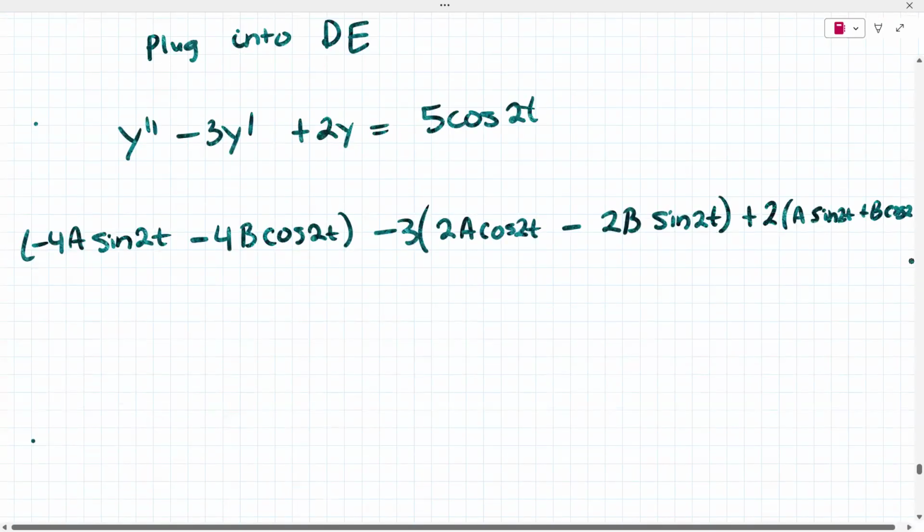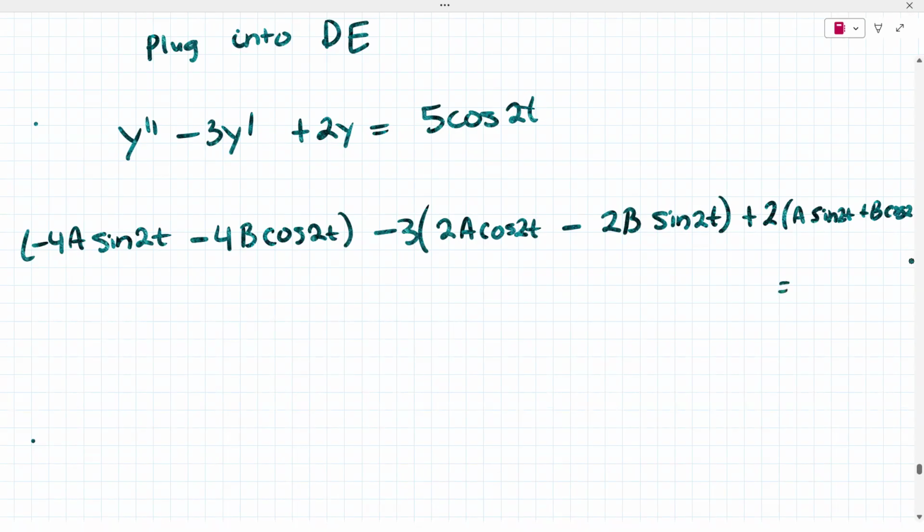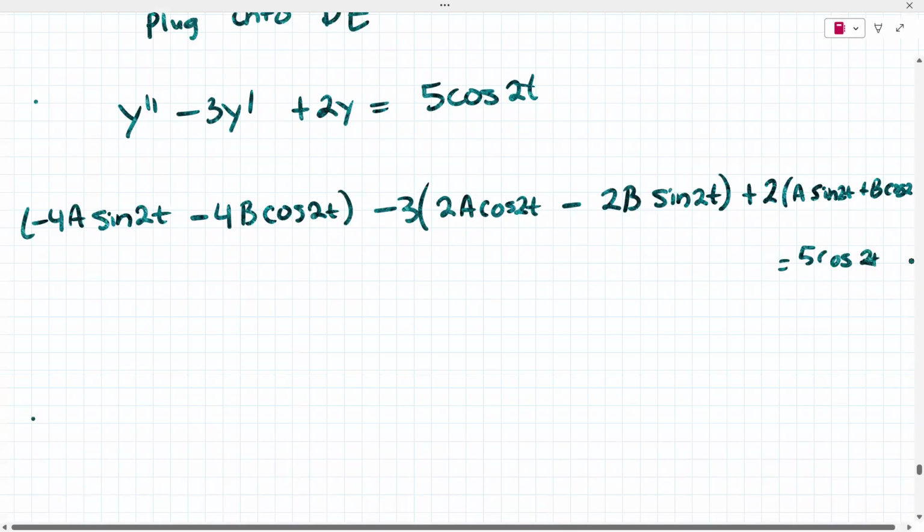And that would equal your g of t, which is 5 cosine. Okay, so what you're going to have to do is FOIL it out and collect like terms.